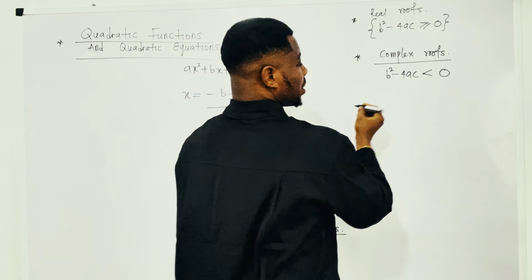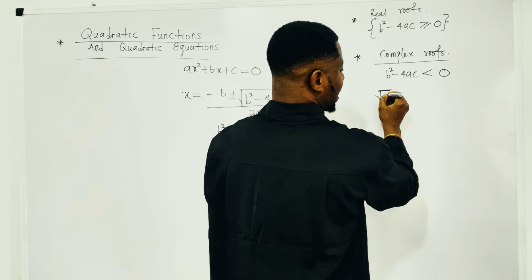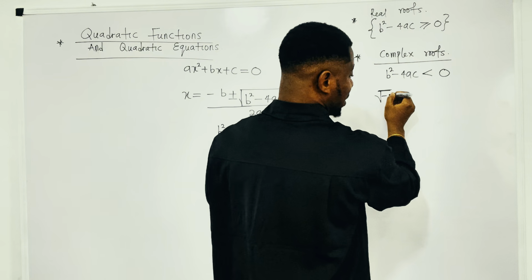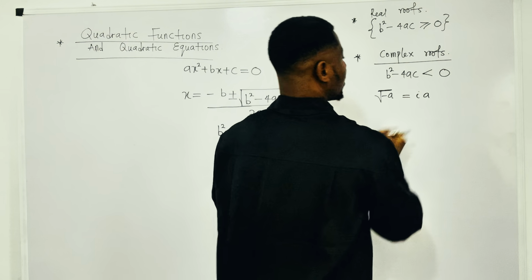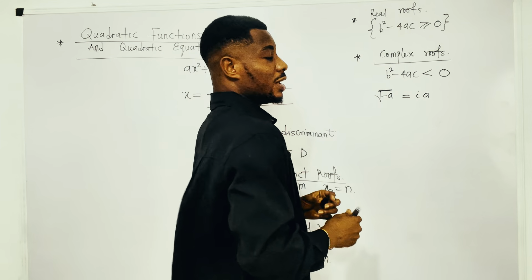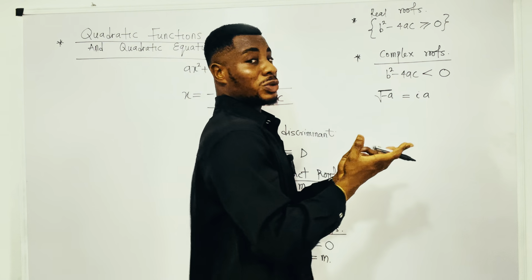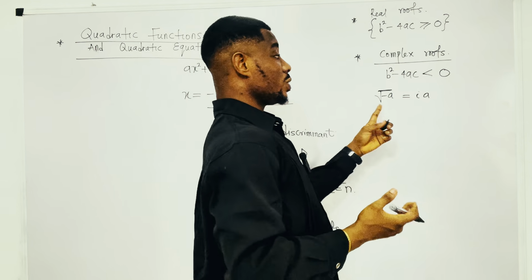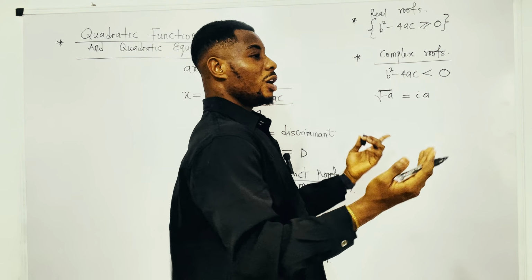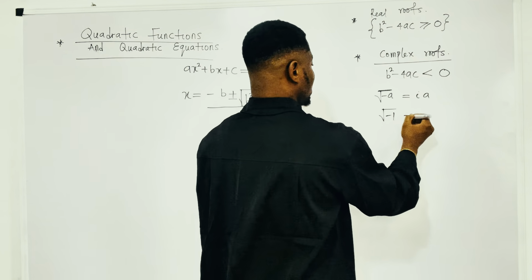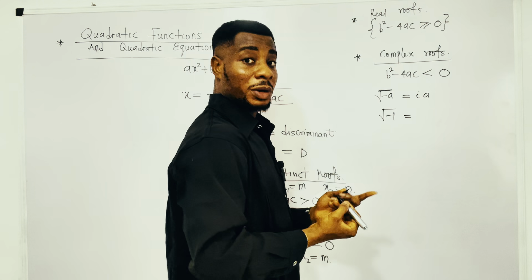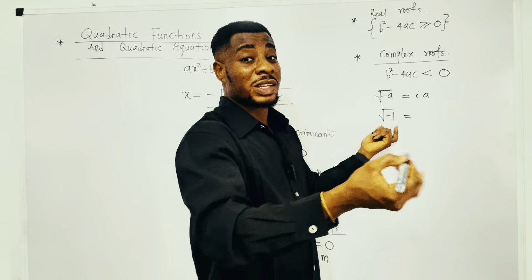In complex numbers, the square root of a negative a gives you i times the square root of a. I'll be talking more about this when we talk about complex numbers. In secondary school, they might have taught you that the square root of minus 1 is not possible, but it is possible, just that it's a complex number.